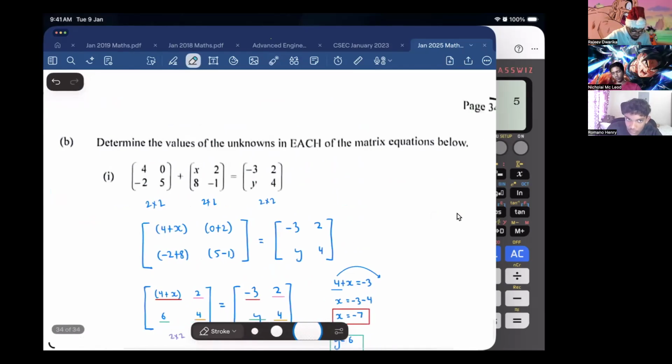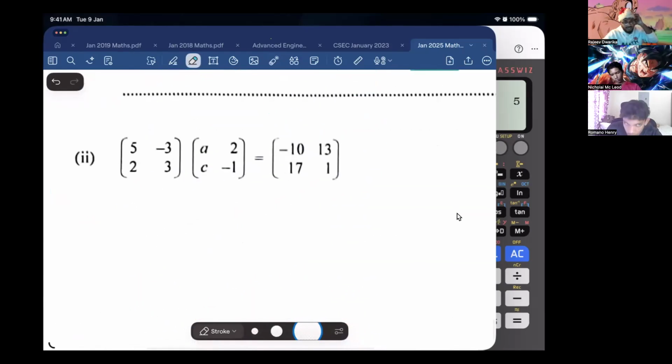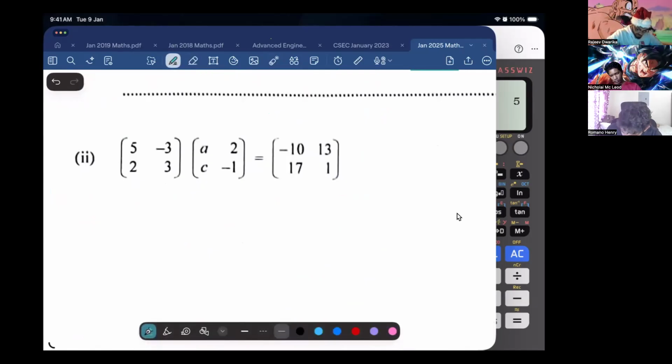I brought another question. This time it's multiplication. Nicholas, want to help me with this question too? Sure. All right, I've taken off the training wheels. You tell me what to do. Row by column.